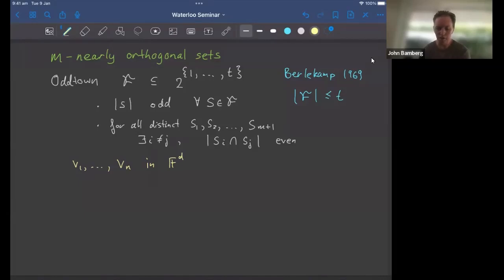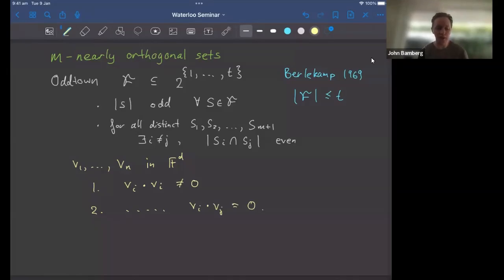But in general, we can take any finite vector space and have these conditions: any vector in this set is not orthogonal to itself, and for any subset of size m plus 1, we have similar quantifiers as above, but instead of intersection even, we would have dot product 0, so orthogonal.